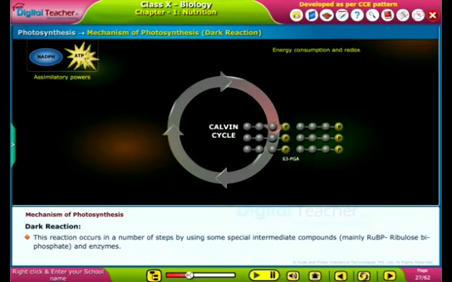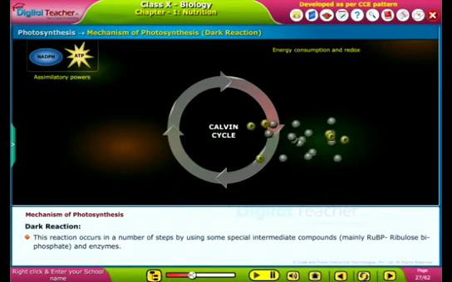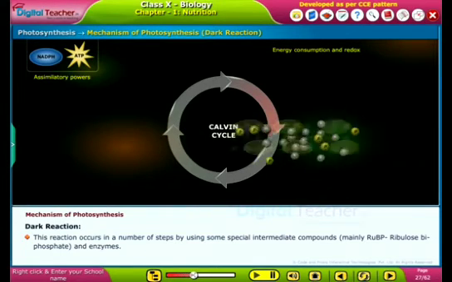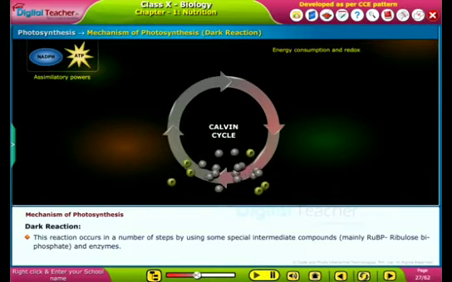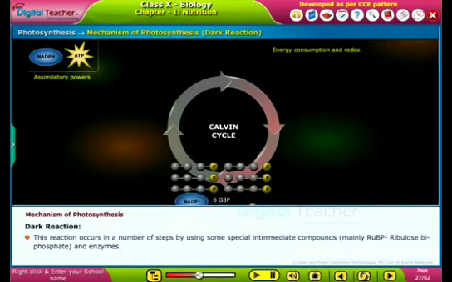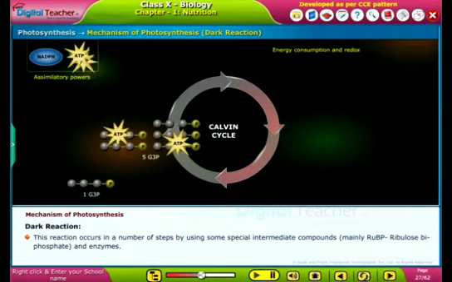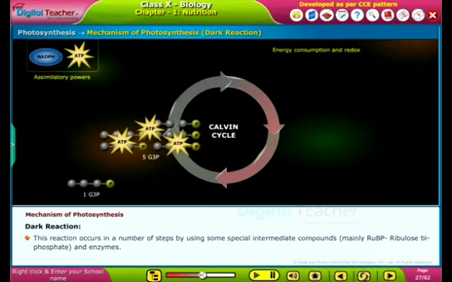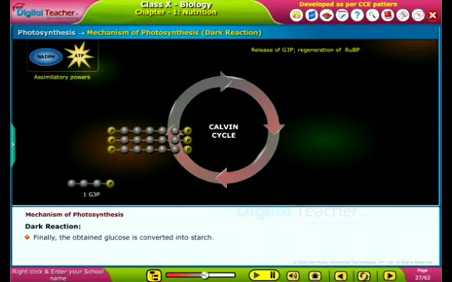This reaction occurs in a number of steps using some special intermediate compounds, mainly RuBP, ribulose bisphosphate, and enzymes. Finally, the obtained glucose is converted into starch.